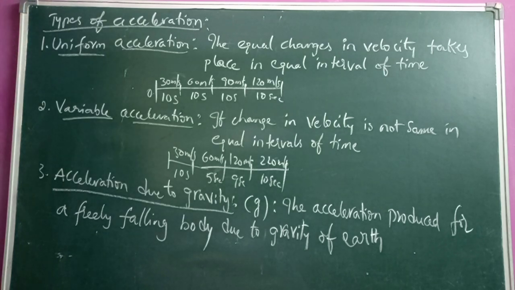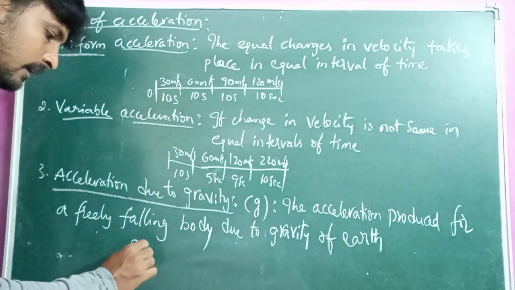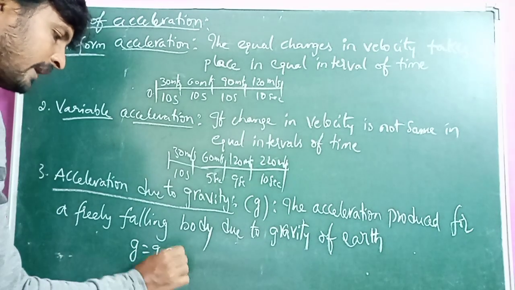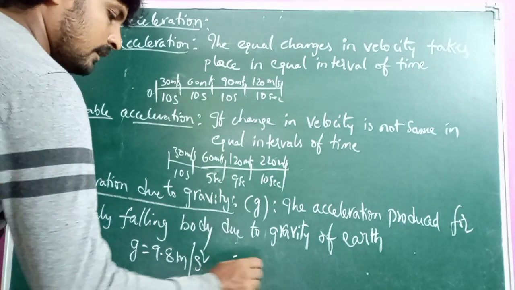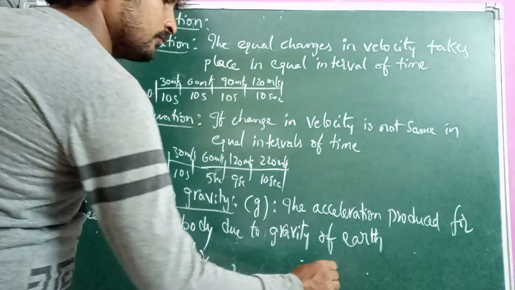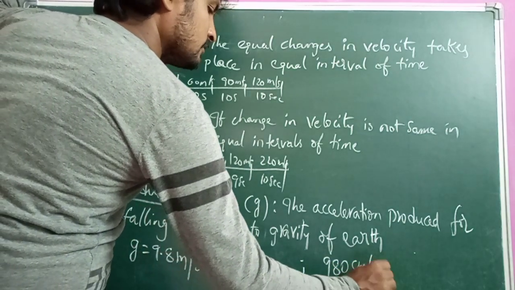Remember, on an average, the acceleration due to gravity g is 9.8 meter per second square in SI system, and in CGS system it is 980 centimeter per second square.